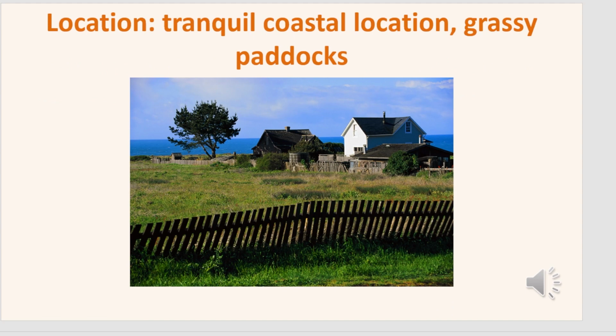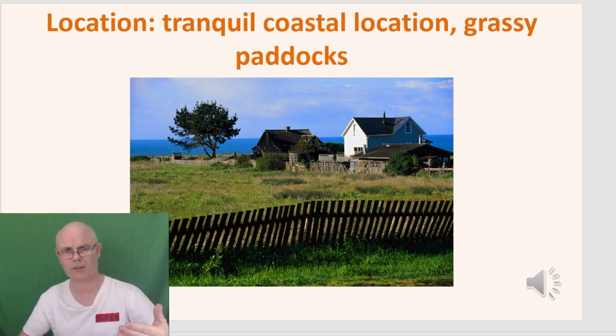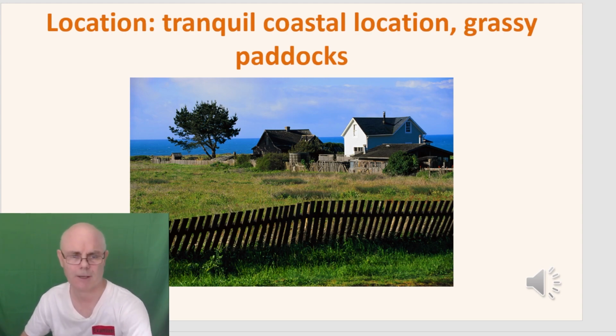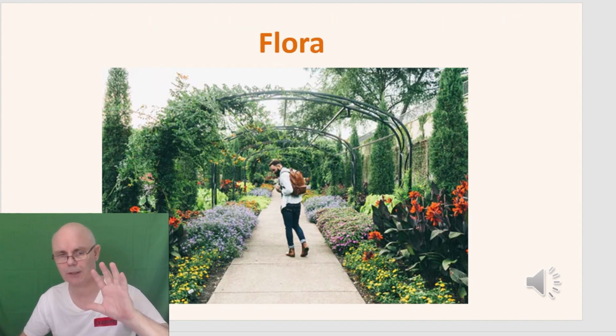I mean, this could be a relaxing place. It's possible. Maybe you have a relative with a house on the coast. And so you could talk about the location on the coast and the grassy paddocks and these sorts of things. And then flora, what sort of plants there are, maybe for the park, what sort of flora in your park.